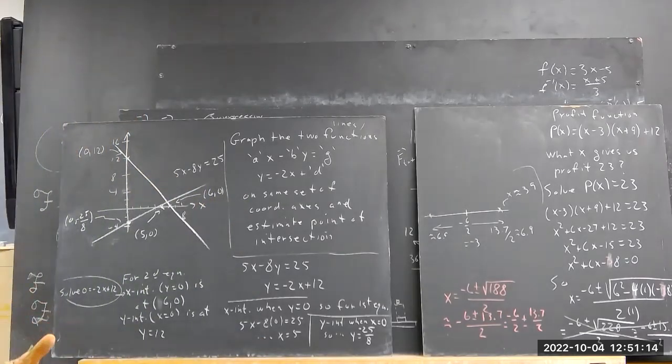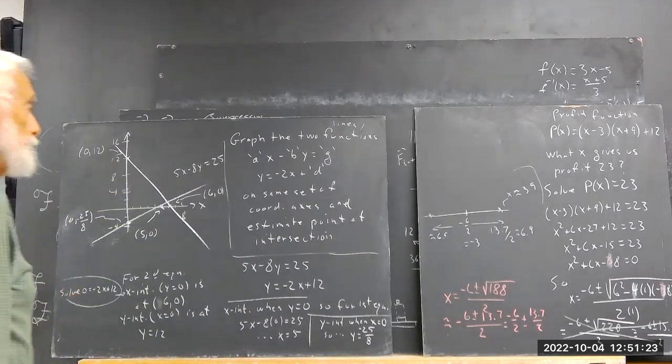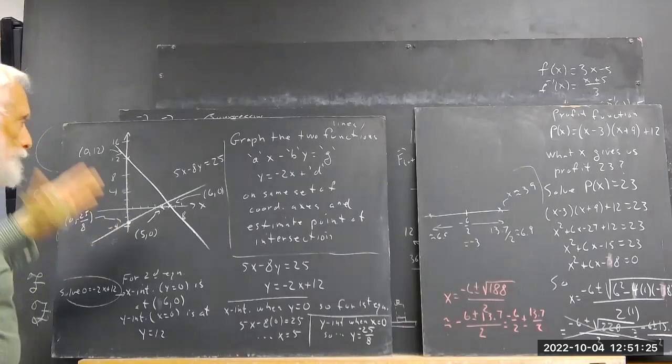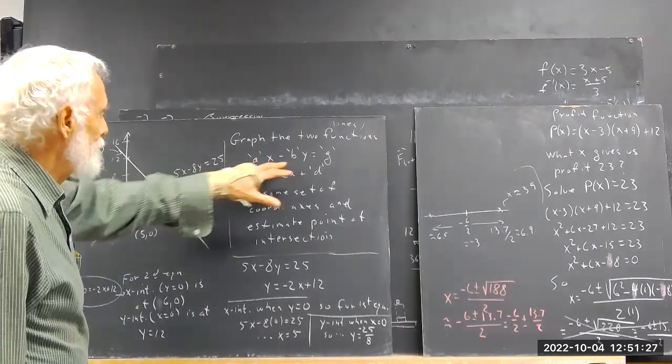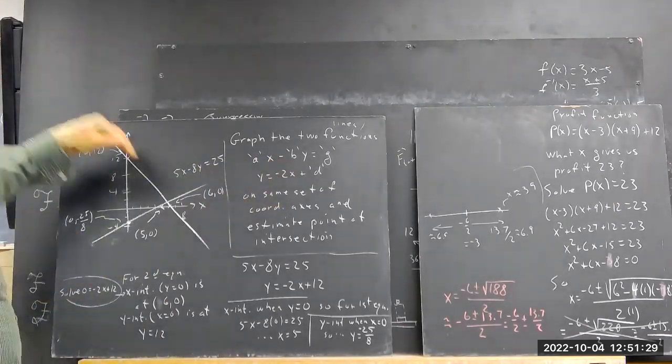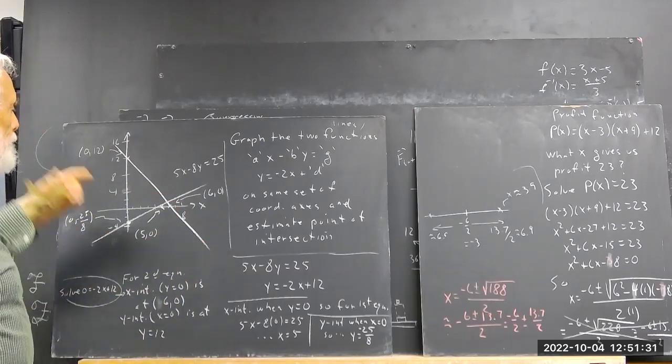So there's my graph. Your graph is probably going to look fairly similar. Your slope might be greater or less. The slope of this will be less than 1 because b is greater than a. The slope of this will be negative. It's going to be -2.